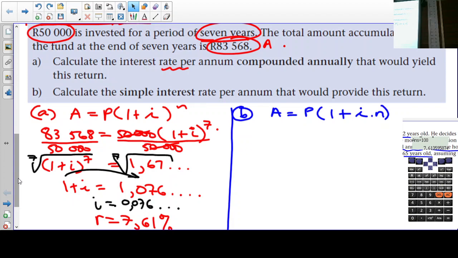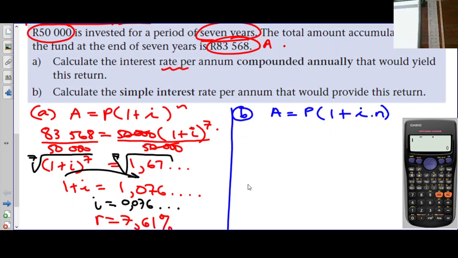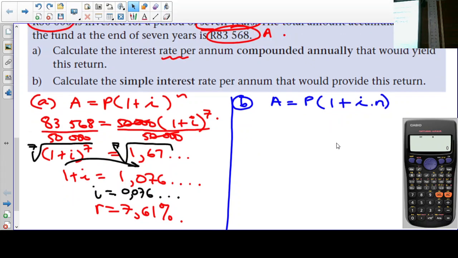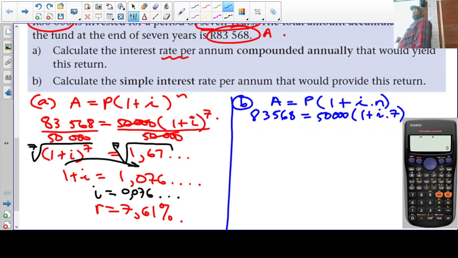So for question B, your A value of course is going to be 83,568 equals your P value, 50,000, into 1 plus i times 7, 7 years.